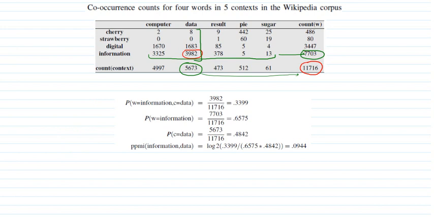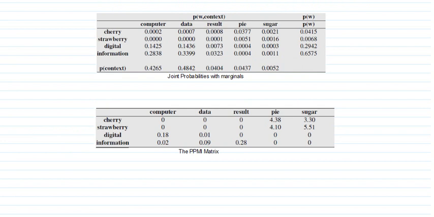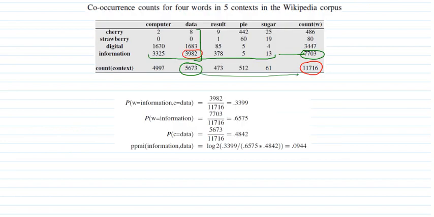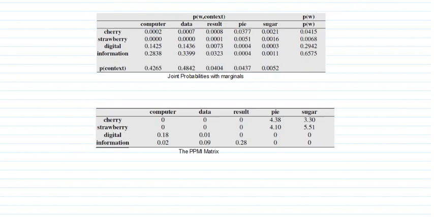And then we can populate a matrix. So this matrix is joint probabilities P of W comma C. So these joint probabilities are calculated in this way.